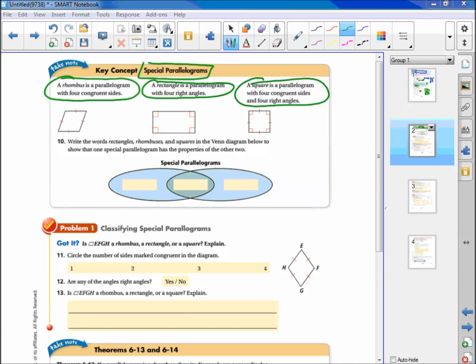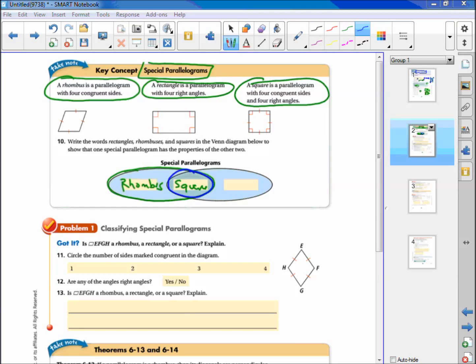Okay, so let's do a diagram here. Rhombuses I'm going to put over here in this circle. Now, remember we said a square is a rhombus, so the squares are also all inside the rhombus circle because every square is a rhombus. So I've got to put the squares in here. This is the little circle for the square.